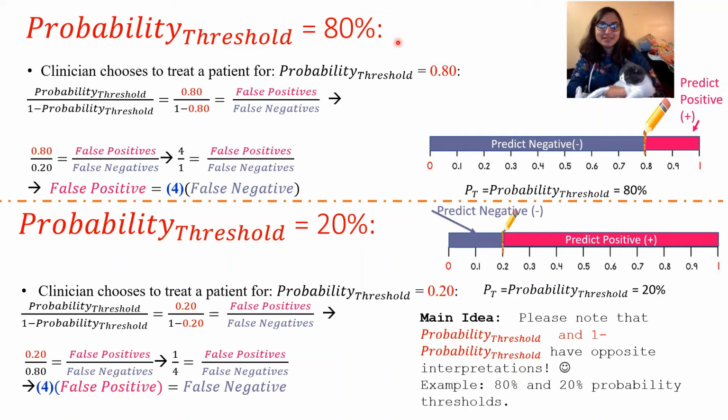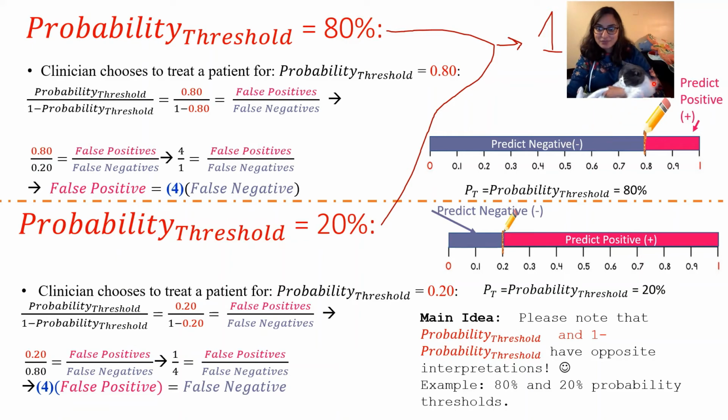If we have a probability threshold of 80%, then 1 minus 80% is 20%. These two sum up to 1. 80% plus 20% is 1. So if 80% is a probability threshold, and we also look at 1 minus this threshold, 20%, the interpretations will be exact opposite.